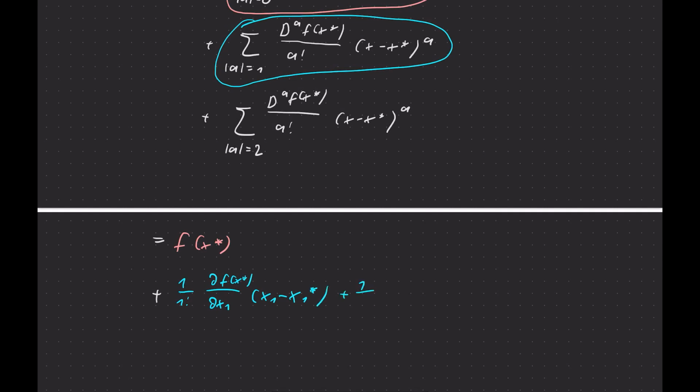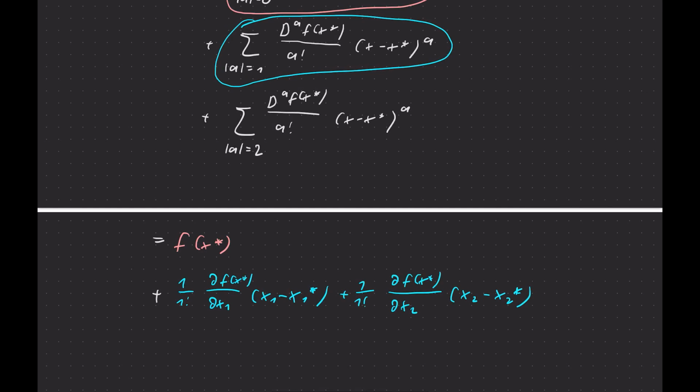And the second case is 1 over 1 factorial, df/dx2 at x star times x2 minus x2 star. Okay, so those are those two summands here.